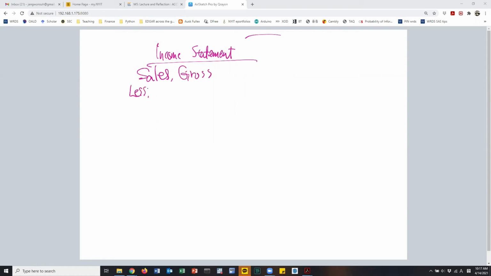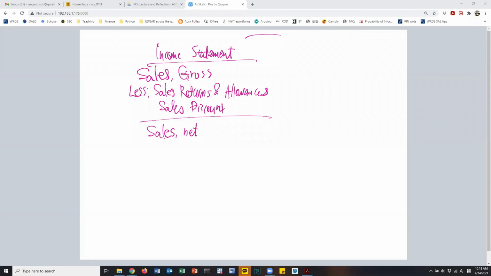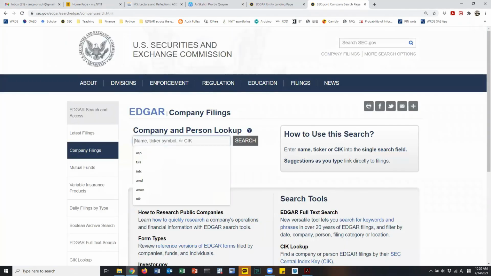You have to subtract sales discount. Then you have net sales.